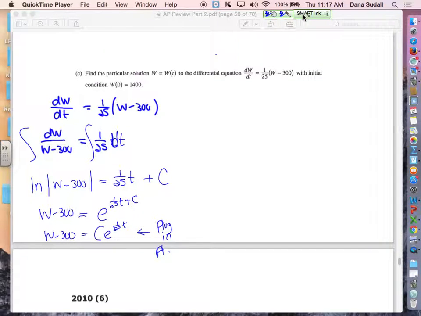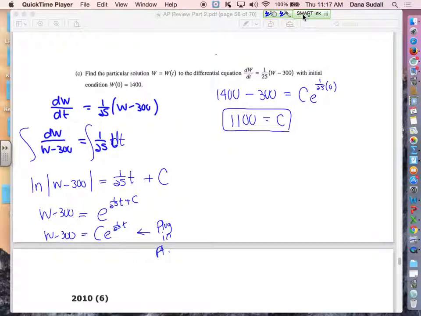So that's going to give us W, which was 1400 minus 300 equals c e to the 1/25 times 0. So 1100 is your c value. So our equation then would be W minus 300 equals the c value, 1100 e to the 1/25 t, and then get W by itself.